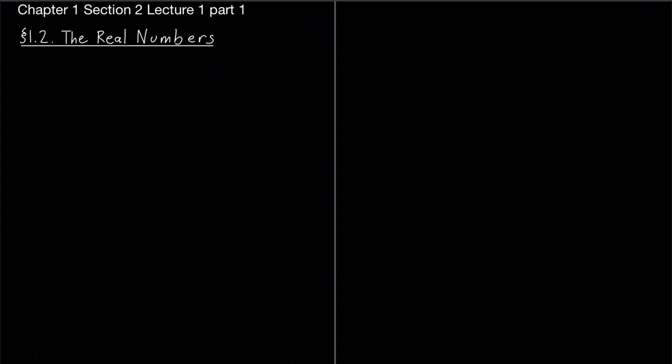So in section 1.2 of your book, what we're going to do is we're going to define the real numbers. We're going to rigorously construct something that acts like we expect the real numbers to act like, because we want to nail down, we want to have precise definition of things. And your book doesn't include this, but I think we had better start by pointing out that, in fact, it's pretty easy to put down a rigorous construction of other sorts of numbers, because we're going to need them to construct the real numbers.